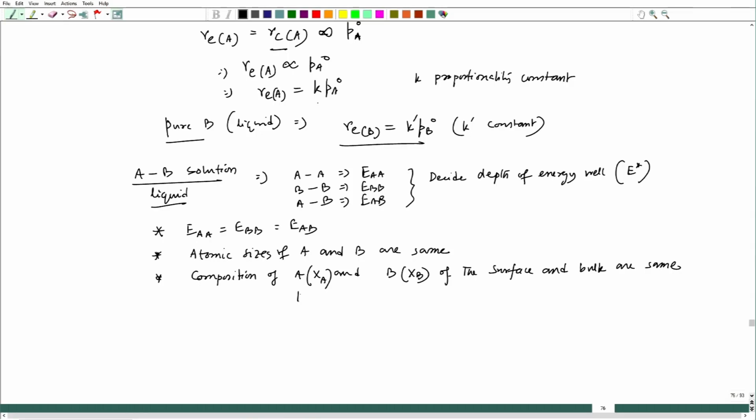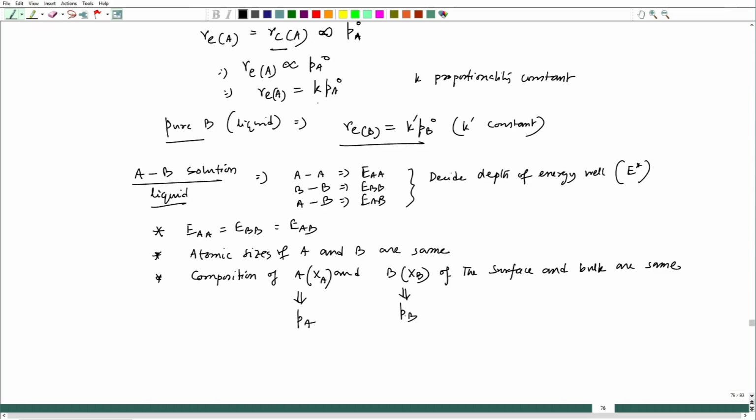And in the solution also, the individual components A or B would have their own partial pressures, which will be equilibrium partial pressures decided by the temperature of the system.